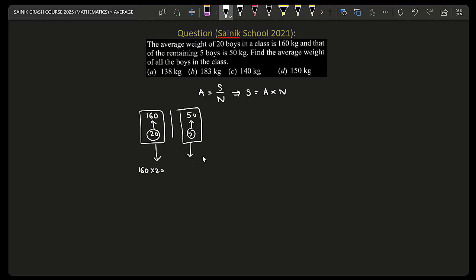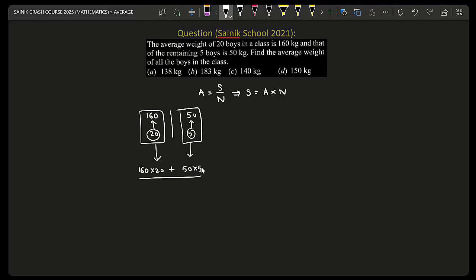50 into 5. Okay. Now, can we find the average of the whole class? Sir, I can first find the sum by multiplying both of them. The sum of these two will be the sum of the weights of all the class students, divided by how many students are there in the class?